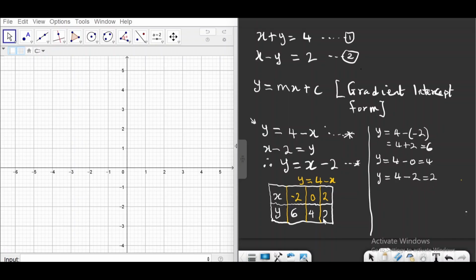So I have this. Okay, so this is done. Now I'm going to draw another table for the second equation.